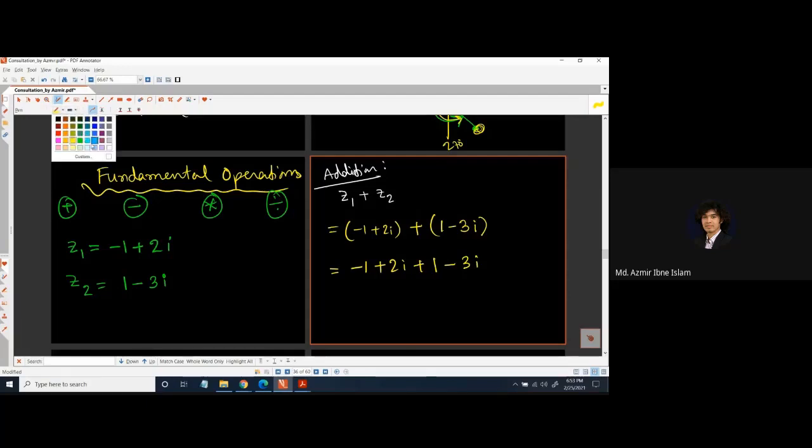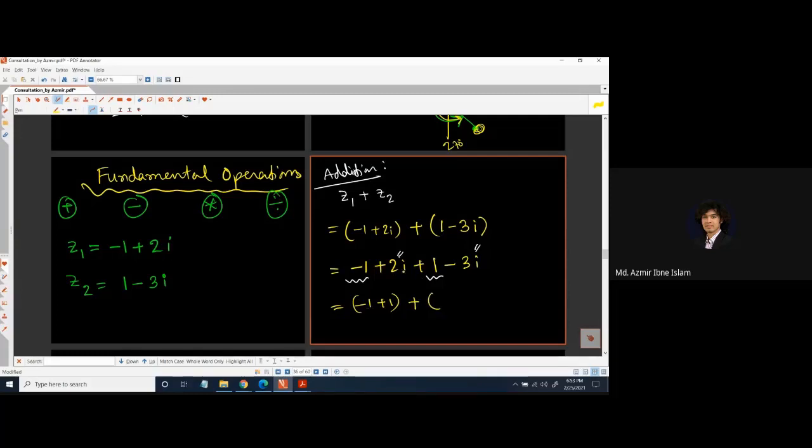So addition says that we have to add the real parts and we have to add the imaginary parts. So -1 plus 1, these are the real parts. So we have grouped these two things, that is -1 plus 1.